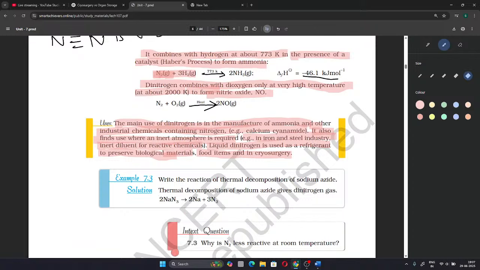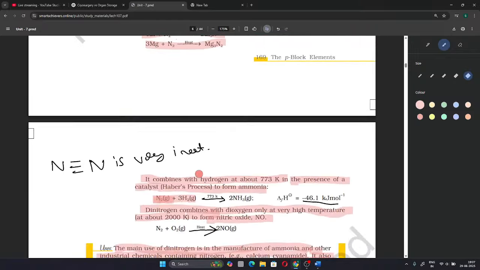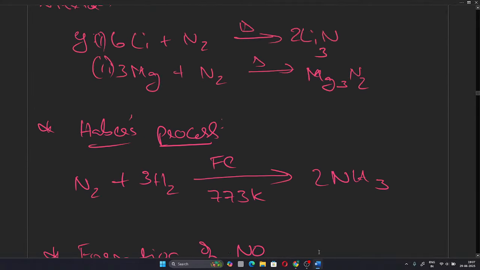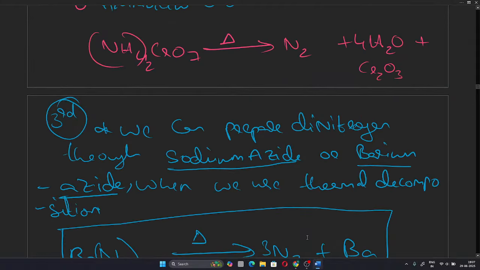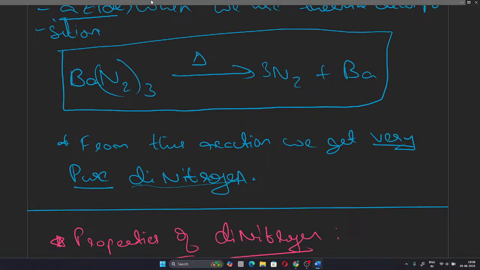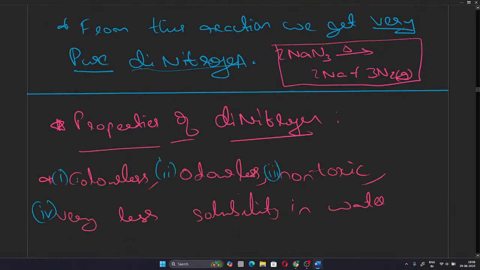It is NaN3, on decomposition gives 2Na plus 3N2. This is the sodium azide reaction.